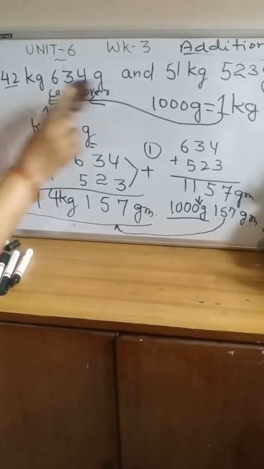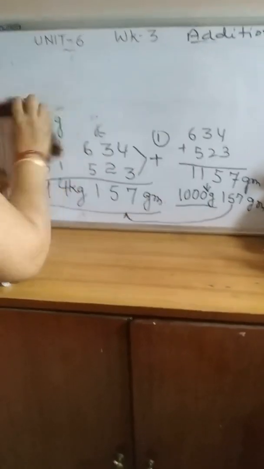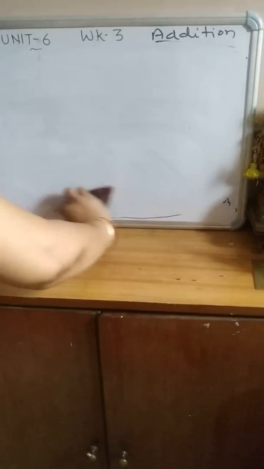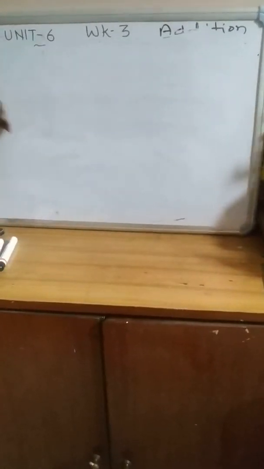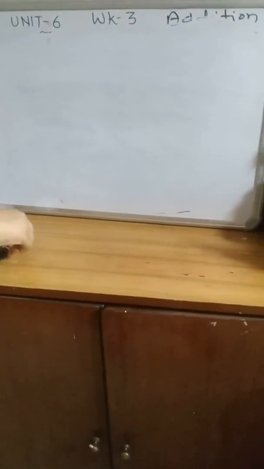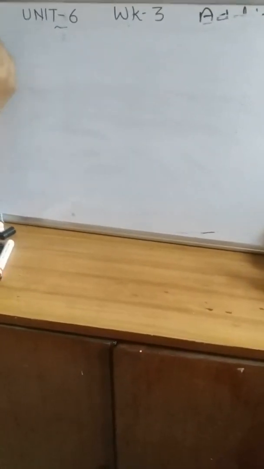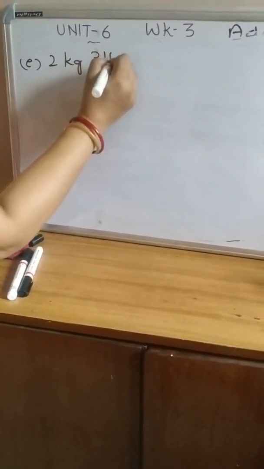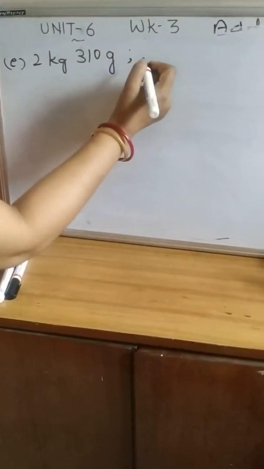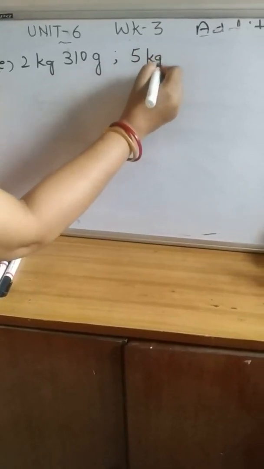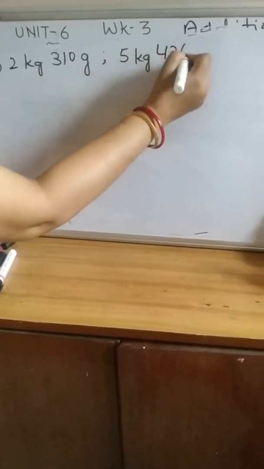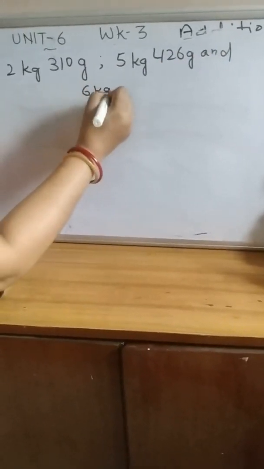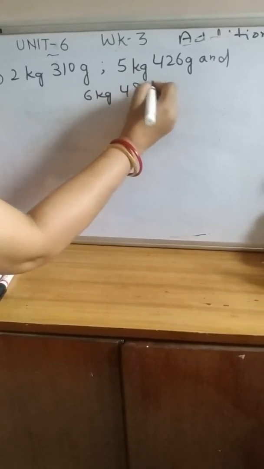Now let us take another example. All of you look here carefully. 2 kilogram 310 gram, 5 kilogram 426 gram and 6 kilogram 485 gram.